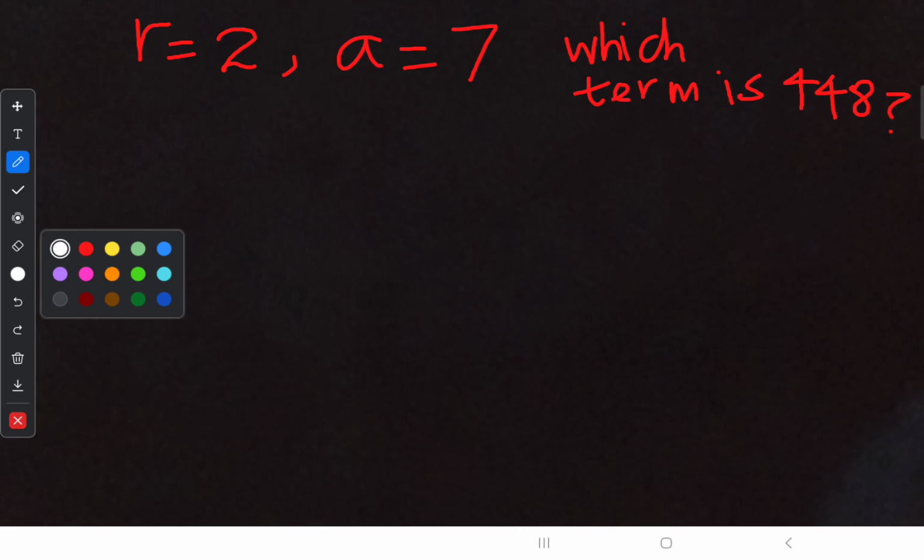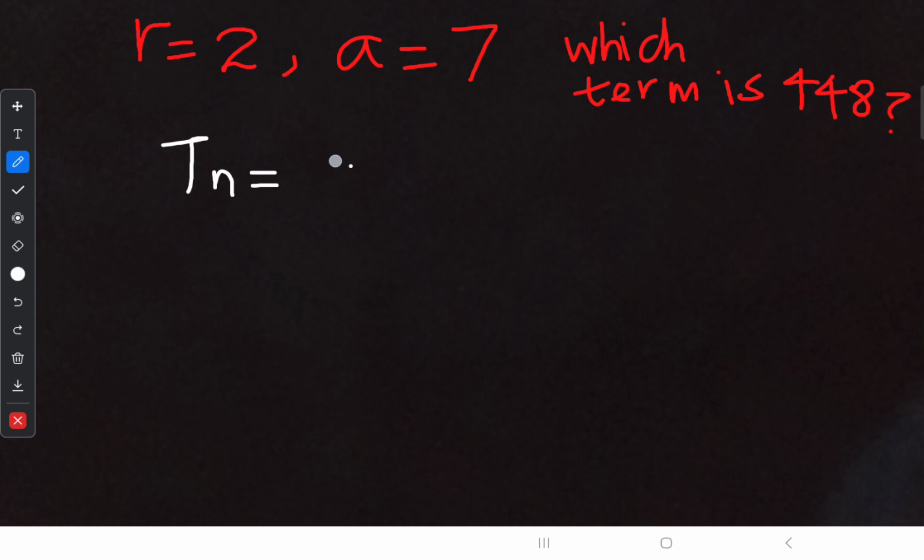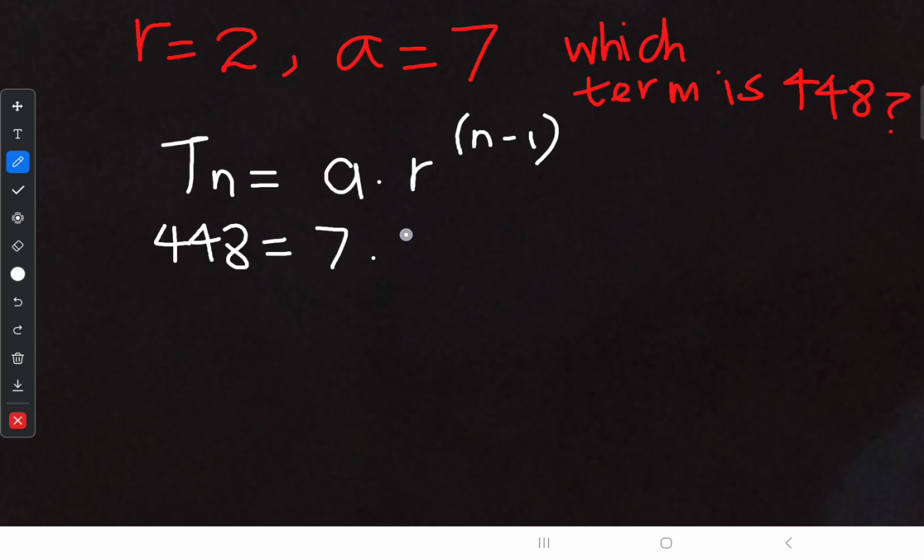Which term is 448? We don't know which term it is. Tn equals A into R to the power of n minus 1. Tn is 448, A is 7 and R is 2, so 2 to the power of n minus 1.